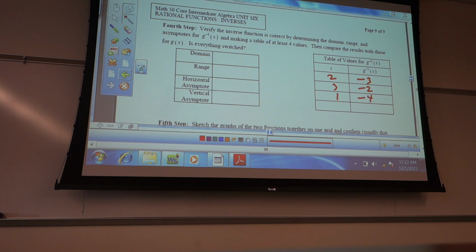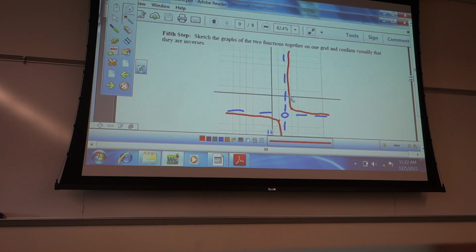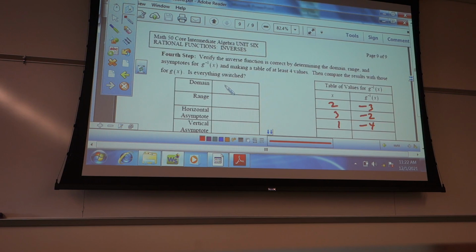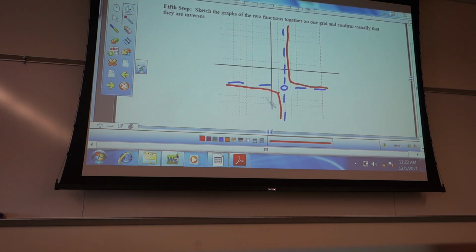And then take a look at the domain. What can x not be? X can't be 2, y can't be -3. So then my horizontal asymptote, the across one, happens at -3, right? Does everyone agree with me? What is -3?